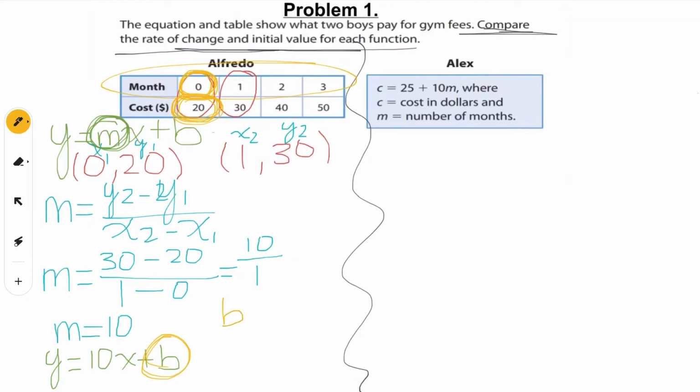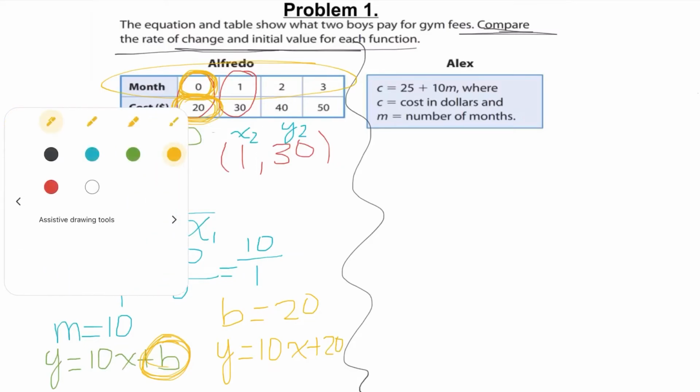So our initial value is 20, our starting output value. So I'm going to take this 20 and substitute it in place of this b here, and I have y equals 10x plus 20. Now let's look over at Alex's side.